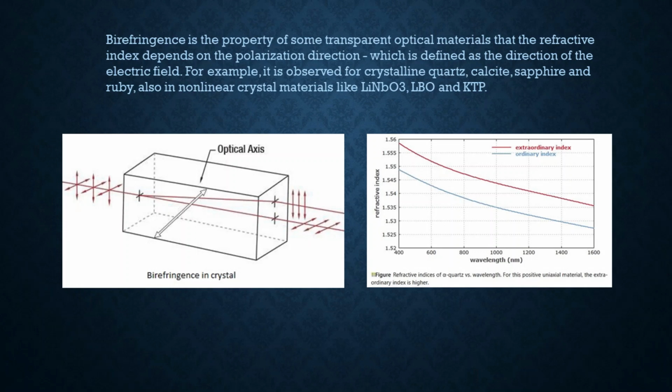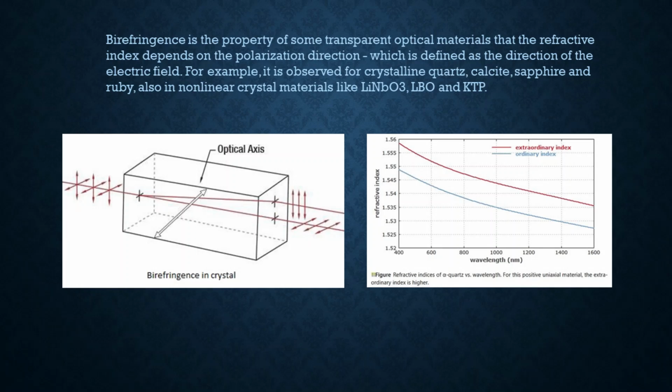So in birefringence there are two refracted rays, O rays and E rays. O rays travel with equal velocity in all directions and obey the ordinary laws of refraction, that is Snell's law. E ray does not obey the laws of refraction, and optical properties of uniaxial crystals are perfectly symmetrical about the optic axis.